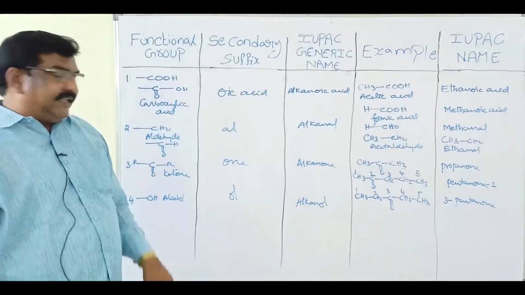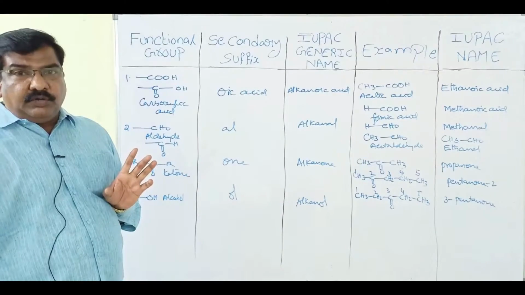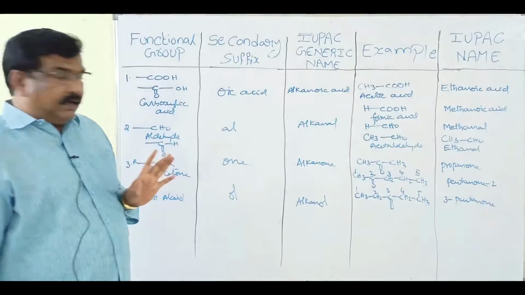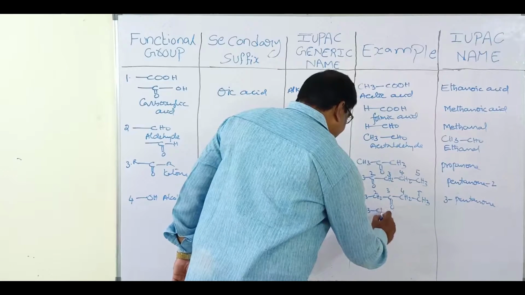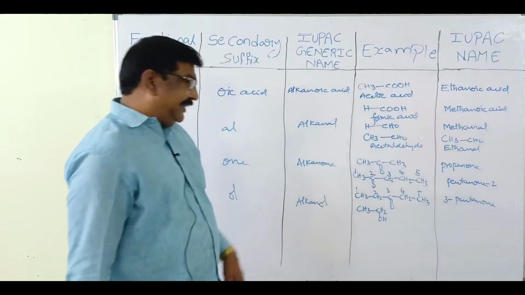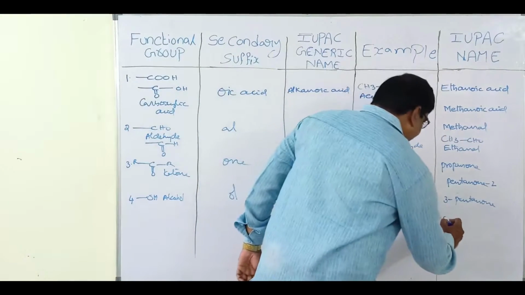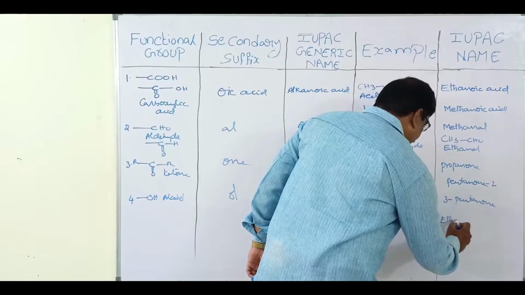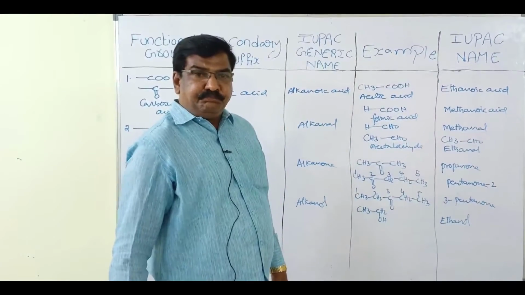The IUPAC generic name for alcohol is alkanol. Now CH3, CH2OH. It is commonly known as ethyl alcohol and its IUPAC name is ethanol.